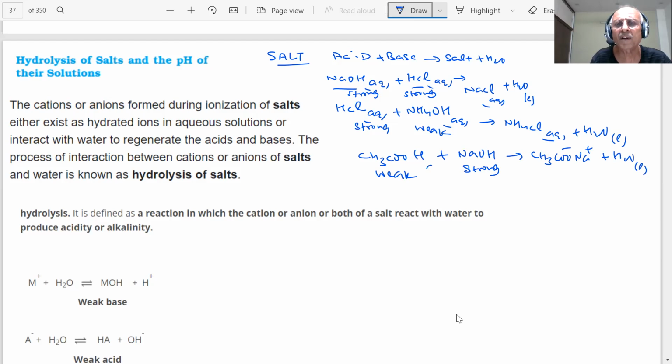All are aqueous. Now, if I have a weak acid and a weak base, what are you getting?